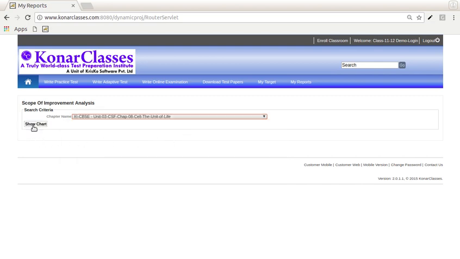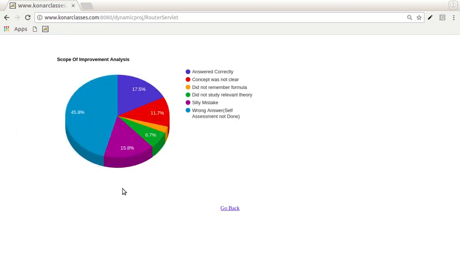Correct, got it. And in the chart, you see it has improved a little. Earlier it was lower, now it is little improved. In that way, as you repeat this kind of test repeatedly for a particular chapter, you will get a clearer report, and that report will help you understand where you need to concentrate.